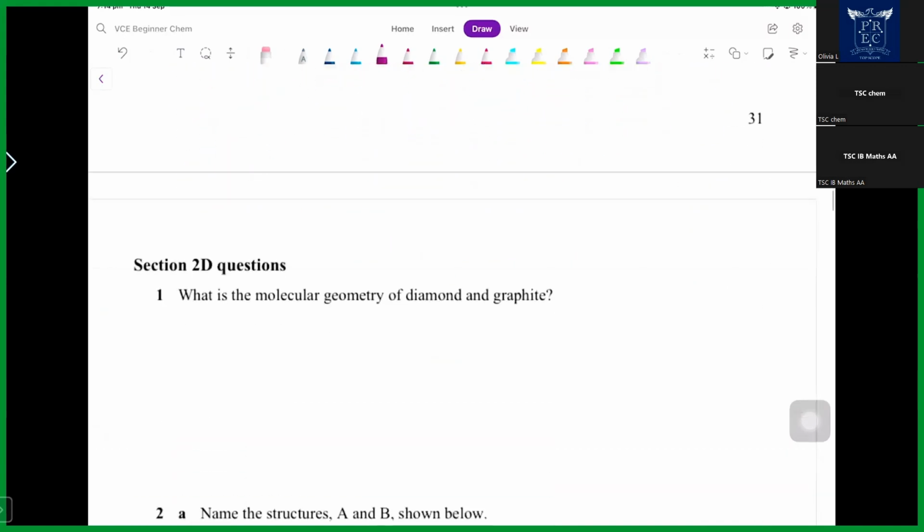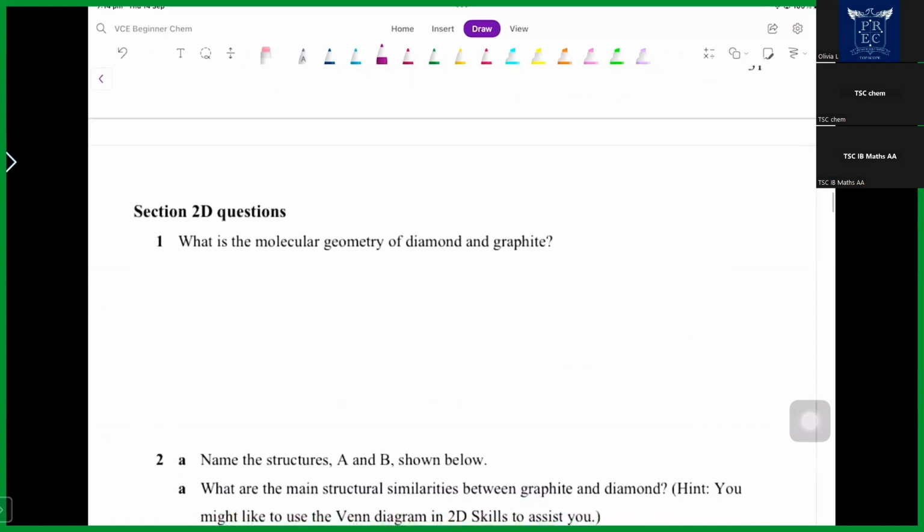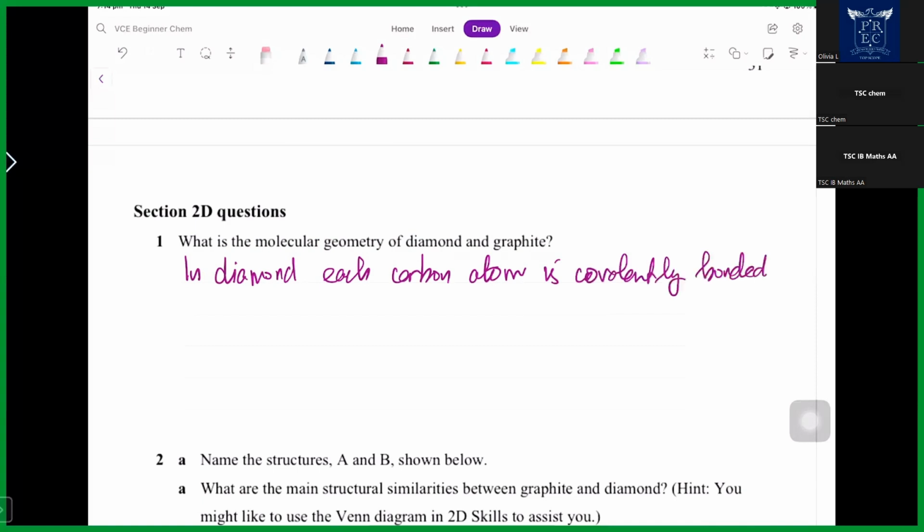Okay, section 2D. What is the molecular geometry of diamond and graphite? You may need to explain a little bit more detail. So in diamond, each carbon atom is covalently bonded with four neighboring carbon atoms.